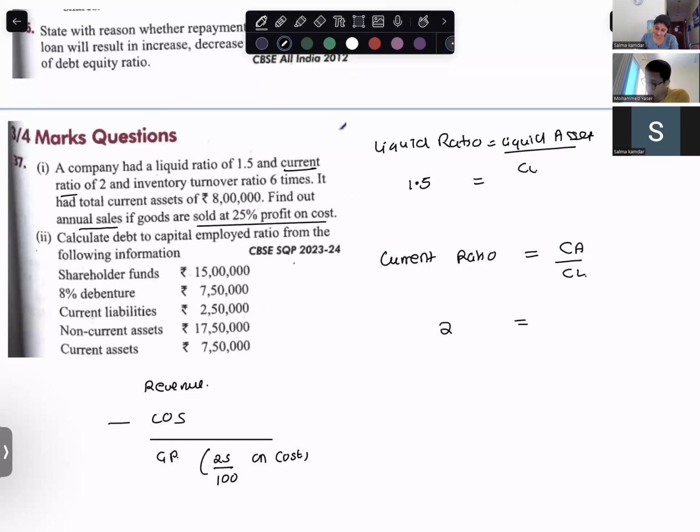Do I have my current assets? Yes, current assets is 8 lakh. Can I find my current liabilities? Current liabilities we don't have.